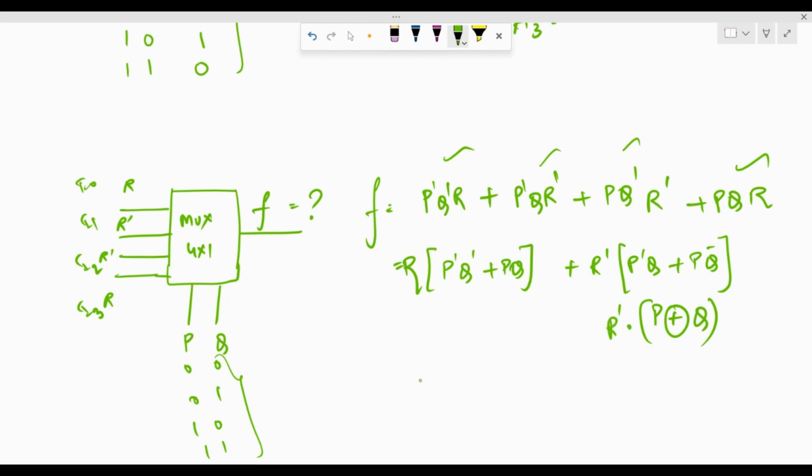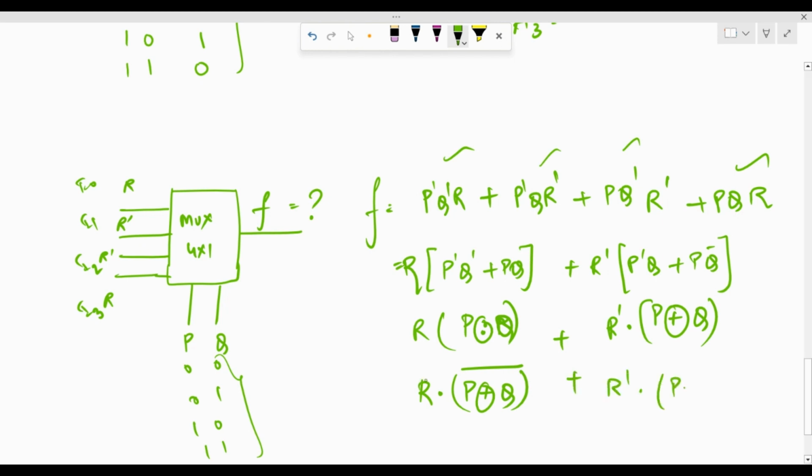And we also know that p dash q dash plus pq is p XNOR q. What is XNOR? XNOR is nothing but XOR bar. So we can say r into p XOR q the whole bar plus r dash p XOR q.